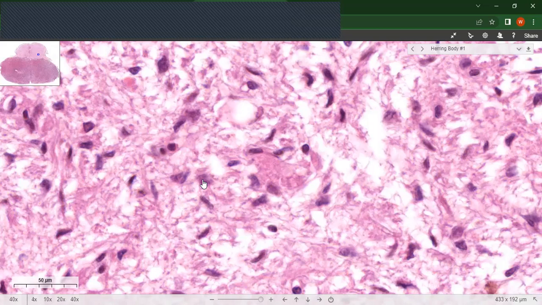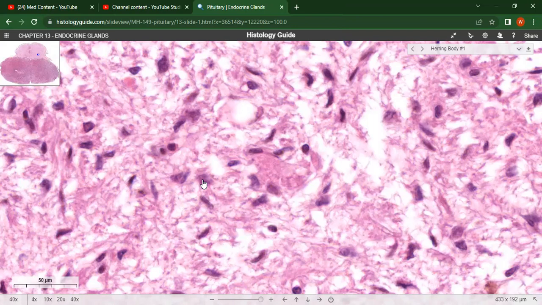From the hypothalamus to the neurohypophysis of the hypophysis cerebri, we have a tract known as the hypothalamo-hypophyseal tract.